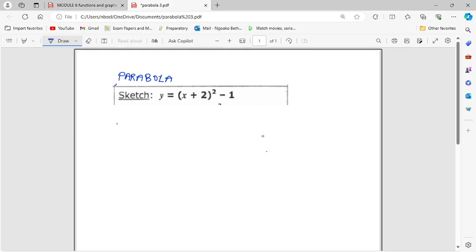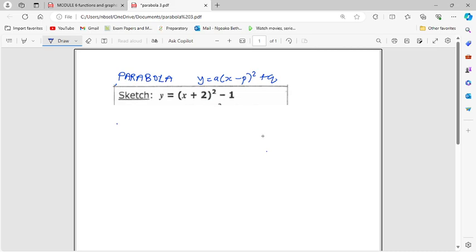Alright, let's check on the parabola in this vision. Now, the parabola in this vision, or in the form y equals a(x minus p) all squared plus q. To arrive at this form, we use completing the square.